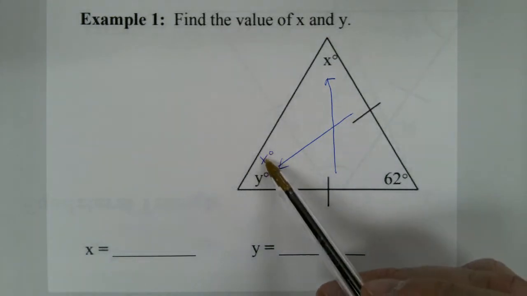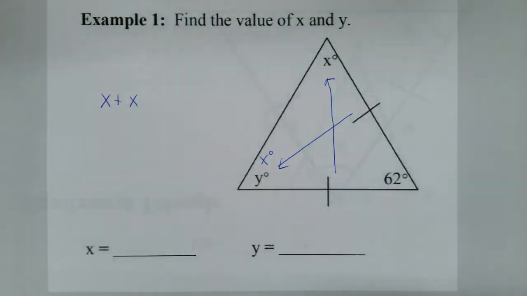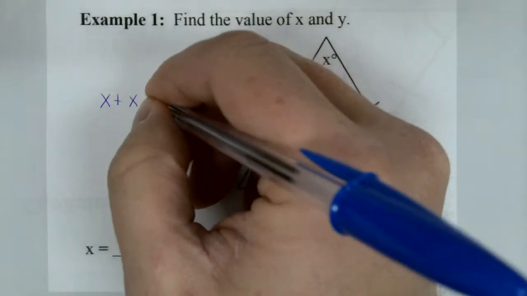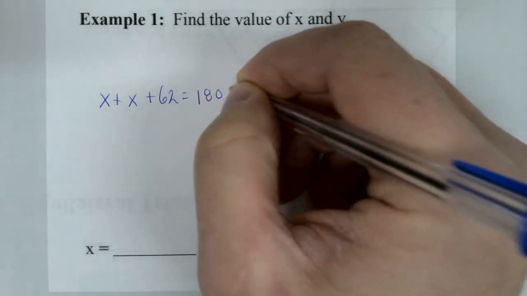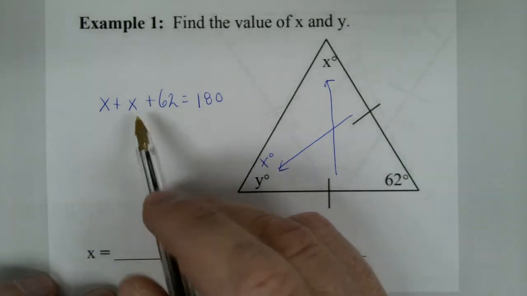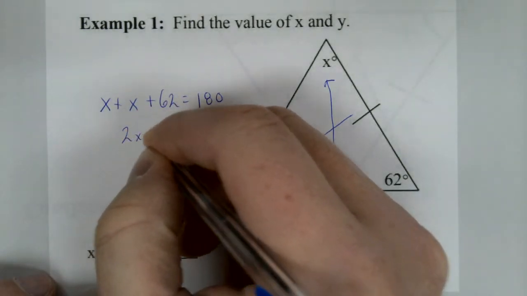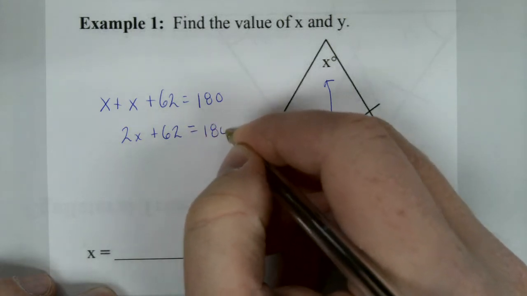So if I do that, I can now say that x plus x plus 62 is equal to 180, because we learned that all three angles add up to 180 degrees. We go through that process of solving. x plus x is 2x, plus 62 equals 180.